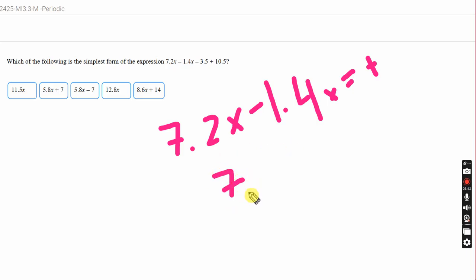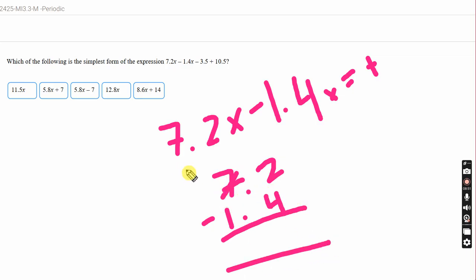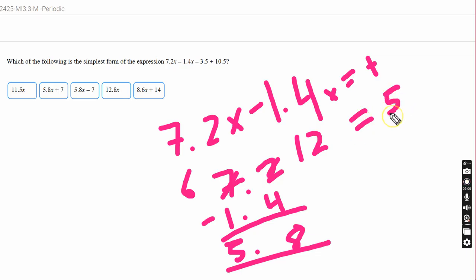So 7.2 minus 1.4. So what is this? 12 minus 4 is going to be 8. 6 minus 1 is going to be 5. So the answer will be 5.8x.